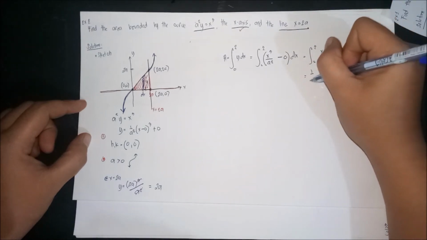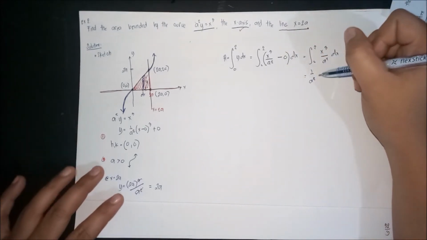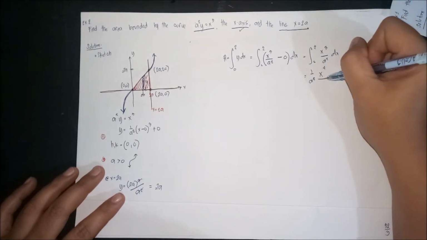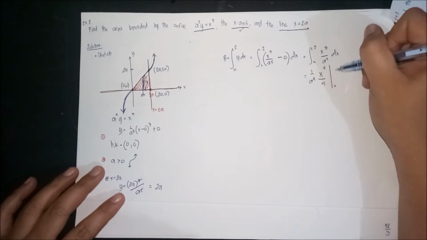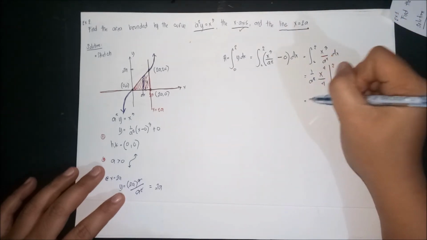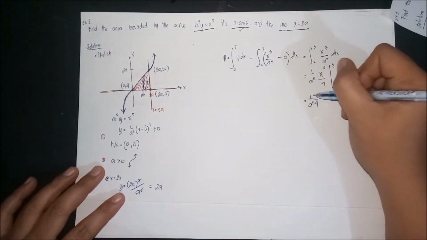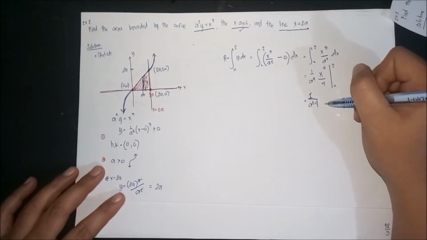So, this becomes, let's take out the constant, and a is treated as a constant. So, x, that's the power formula, plus 1 over 4. Then our limit is from 0 to 2a, and this is now 1 over a squared times 4. Let me take out the 4.